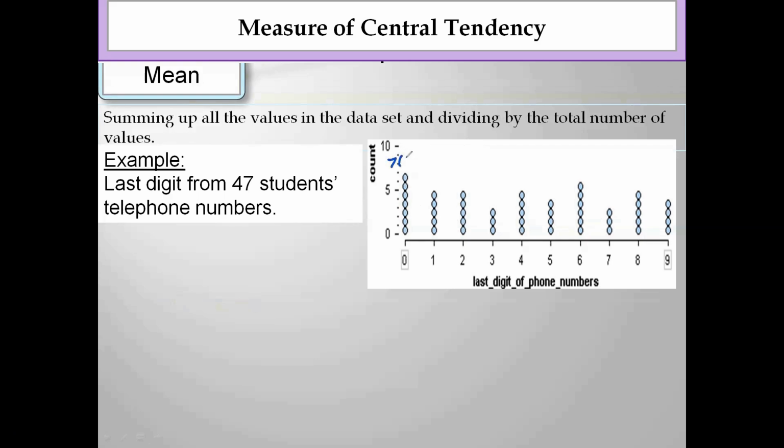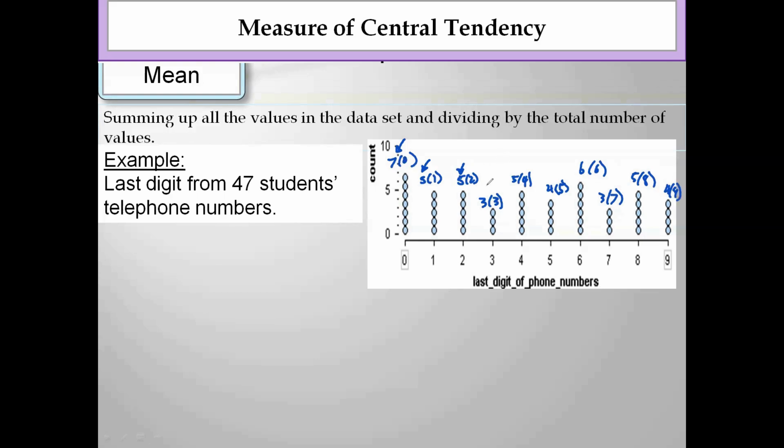There are 7 copies of 0 where the weight is 7, 5 copies of 1 where the weight is 5, and 5 copies of 2 where the weight is 5. And then we can continue this process: 3 copies of 3, 5 copies of 4, 4 copies of 5, 6 copies of 6, 3 copies of 7, 5 copies of 8, and 4 copies of 9.